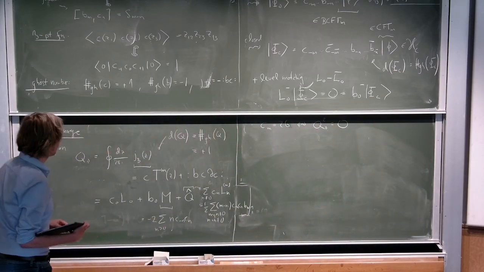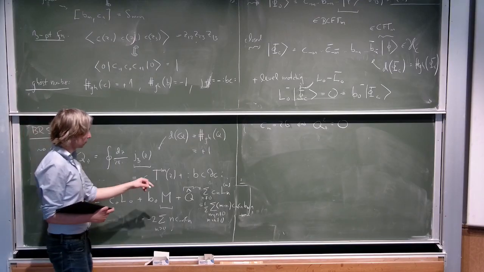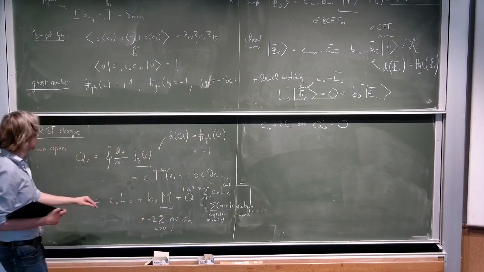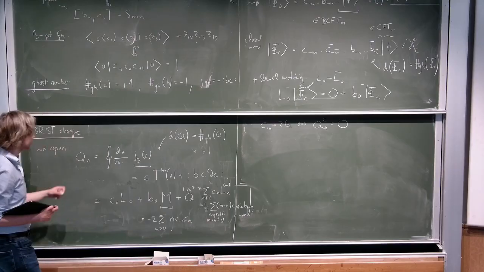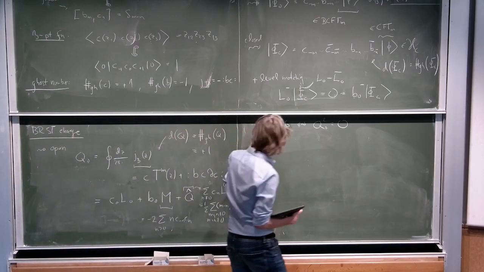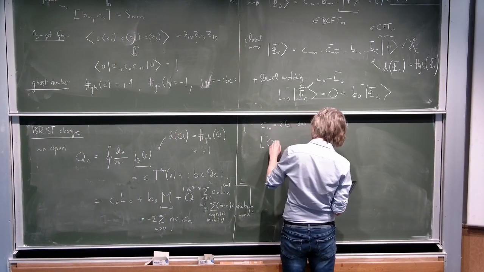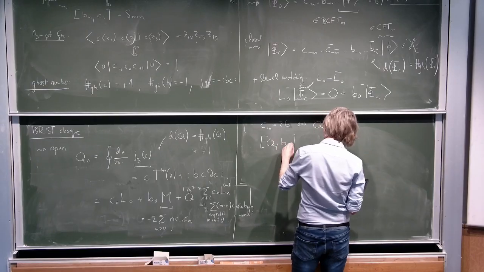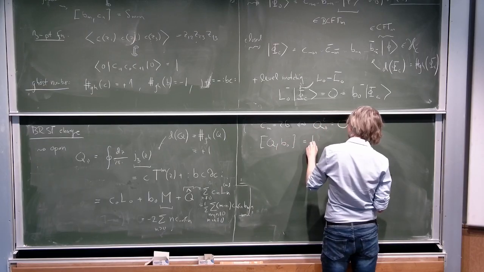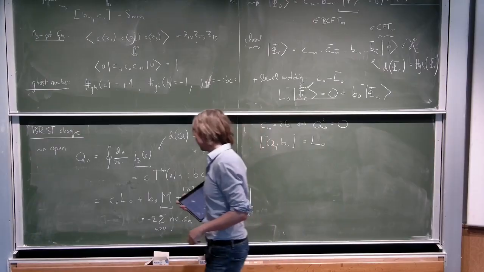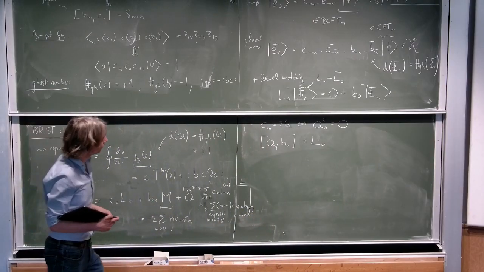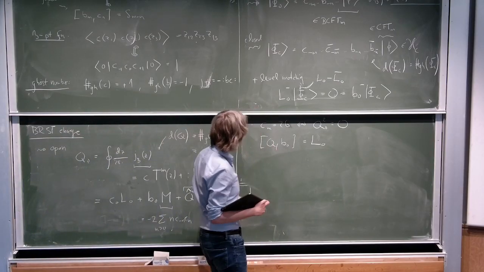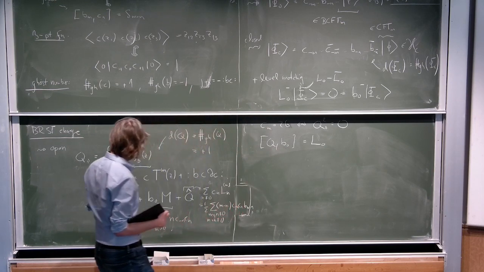Another useful property which we will see a lot in what is to follow, and which directly follows from this decomposition of the BRST charge, is that when I take an anticommutator of Q with b_0, what I end up with is just L_0. So that is very simple to see. The only thing which this b_0 sees is of course the c_0.